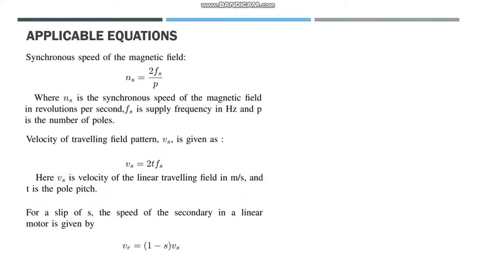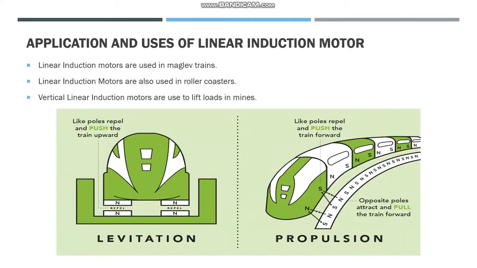There are some equations that apply to these motors, where three equations are given. The first equation is of synchronous speed, the second is of the velocity of the traveling field pattern, and the third is of the speed of the secondary in a linear motor.